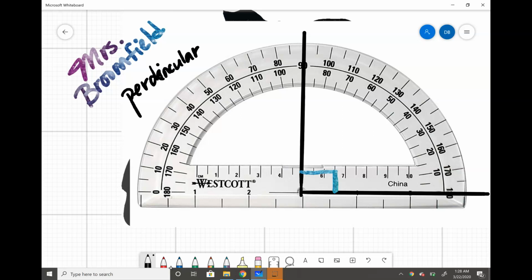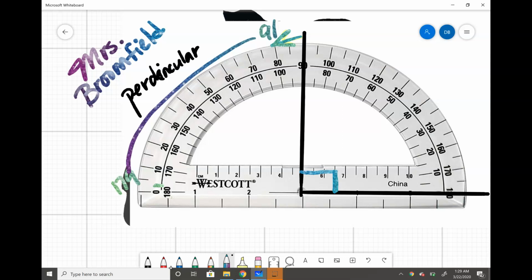So it stops right here at 90. But anything bigger than 90, so if this line continued on, anything that stops at 179, so from 91 to 179 would be obtuse.